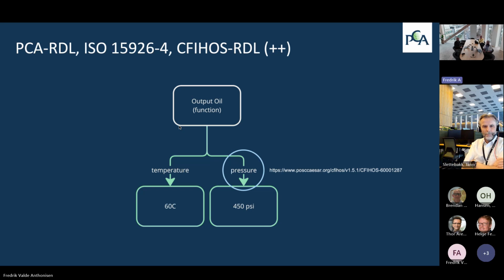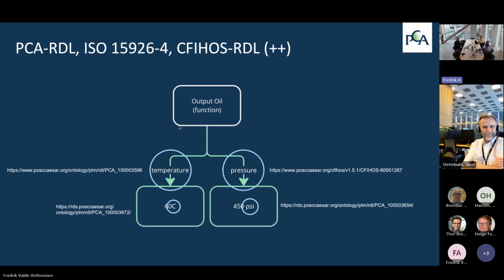So in this case, we could use a Cifos term to describe pressure. For the temperature part, we could use a term from PCA's own RDL. And if we look into the Celsius part, we could also describe that with a term from PCA as well as the pressure part, the PSI part.